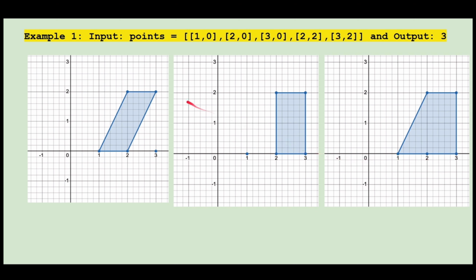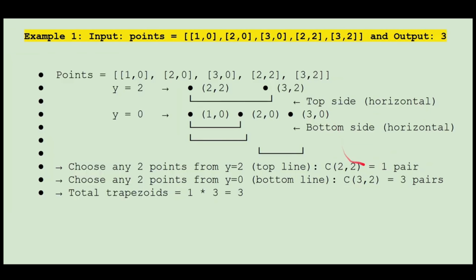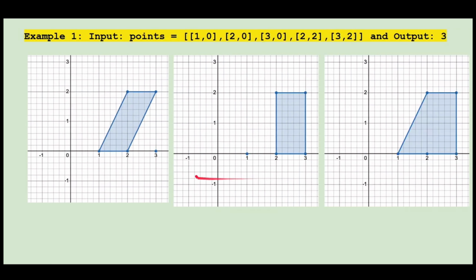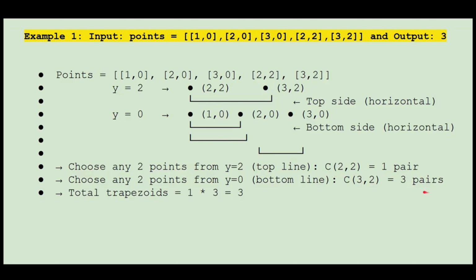So we can say when y equal to 2, we have only 1 pair, right? And when y equal to 0, how many pairs do we have? 3 pairs. Here we are getting from 1 to 2, then we have 2 to 3, and then we have 1 to 3, correct? Means these are the 3 pairs we have.